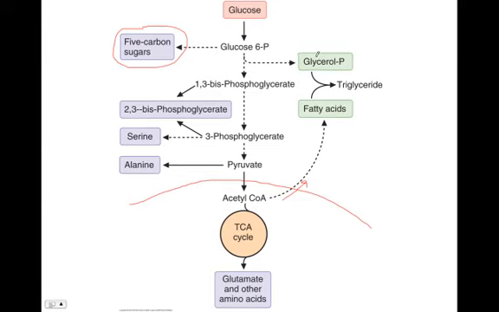Similarly, glycerol, a 3-carbon molecule, is used as a backbone in the synthesis of triglycerides, which combines 3 fatty acid chains and a glycerol molecule. The TCA cycle can also generate glutamate and other amino acid intermediates.